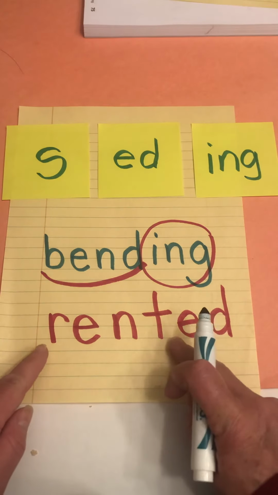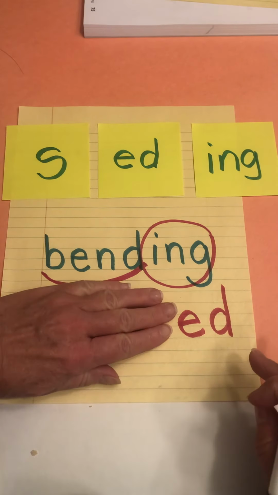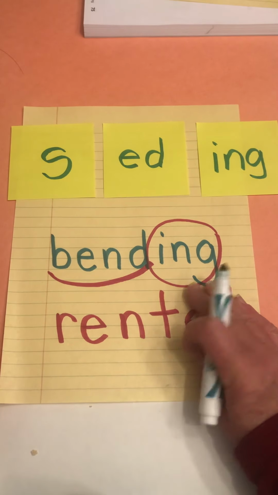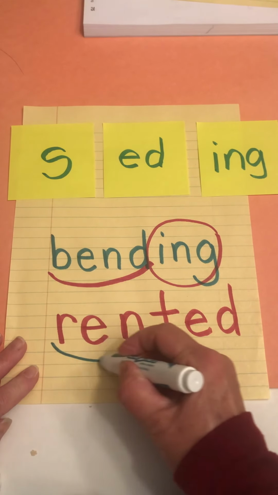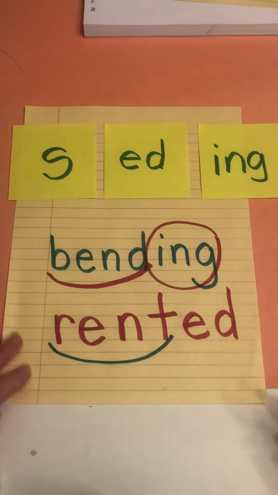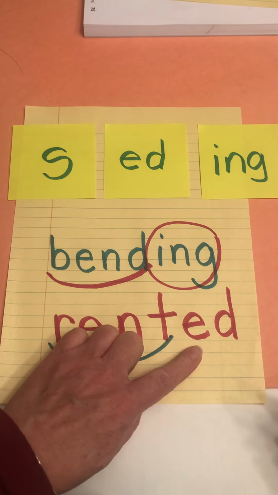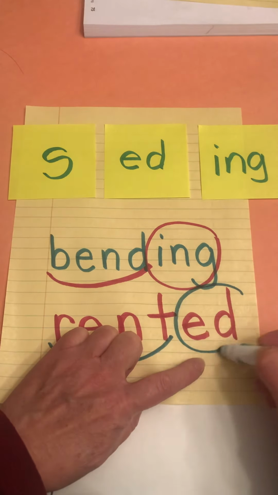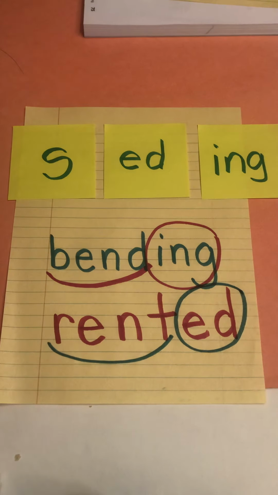Remember, we need to find the base word. That's the word before the suffix. Rent. So scoop rent. And then what do we do with the suffix? You've got it. We circle it. Now we have spelled and marked the word rented.